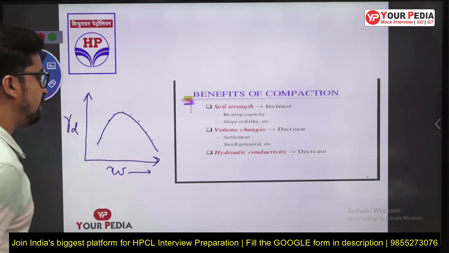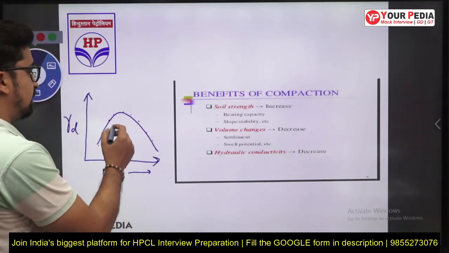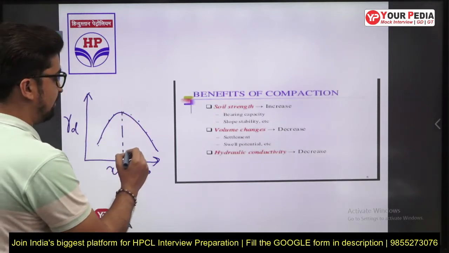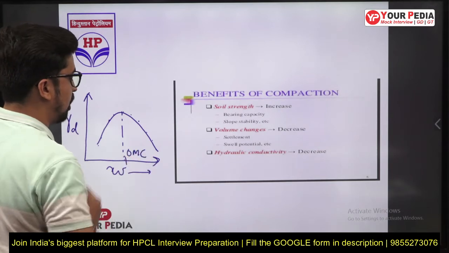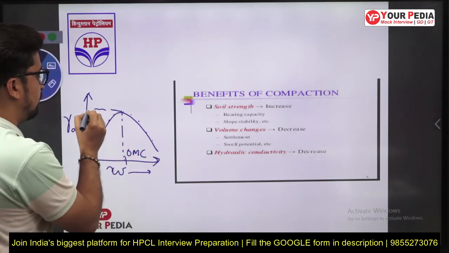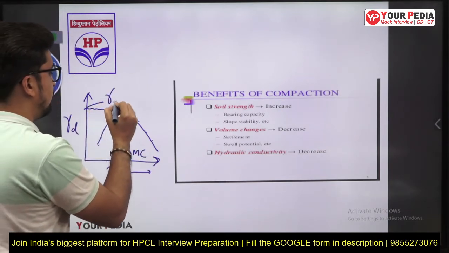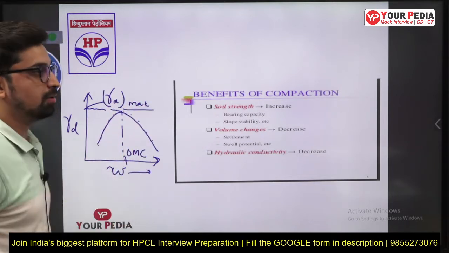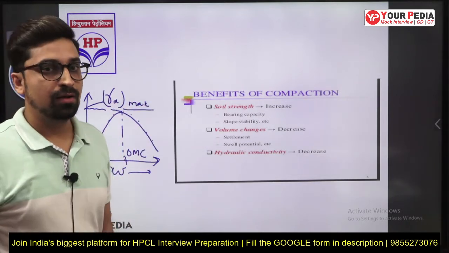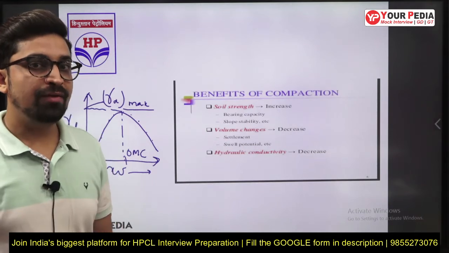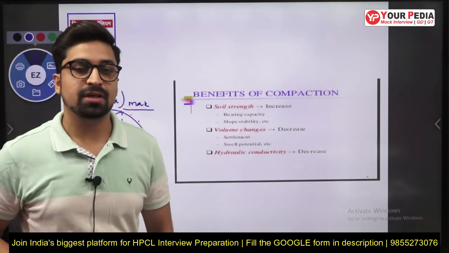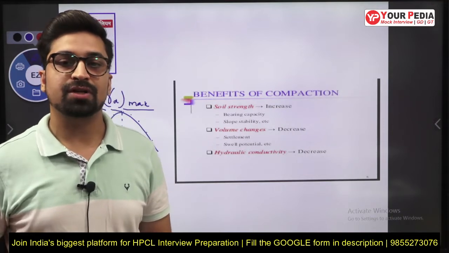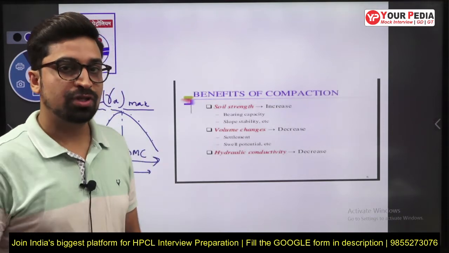Then we come to know that at a particular water content our dry density is maximum, and this water content is known as optimum moisture content, and there you get the gamma d max. While performing the field practical observations, we find the water content at which the dry density will be maximum, so the stability of the structure will be maximum. So this was the test.